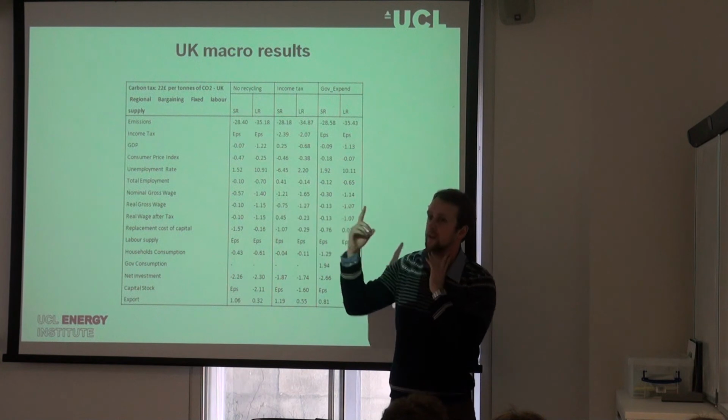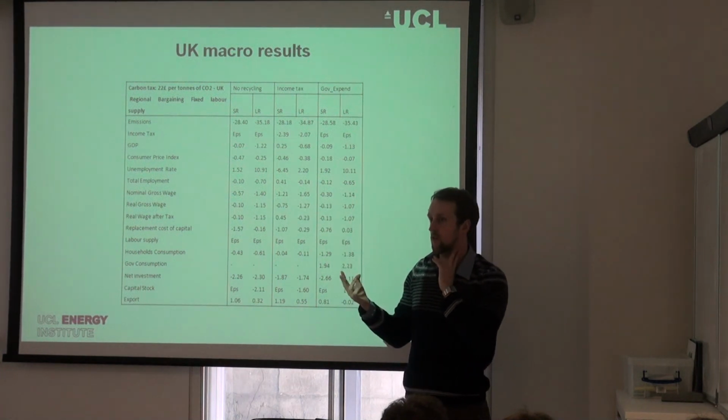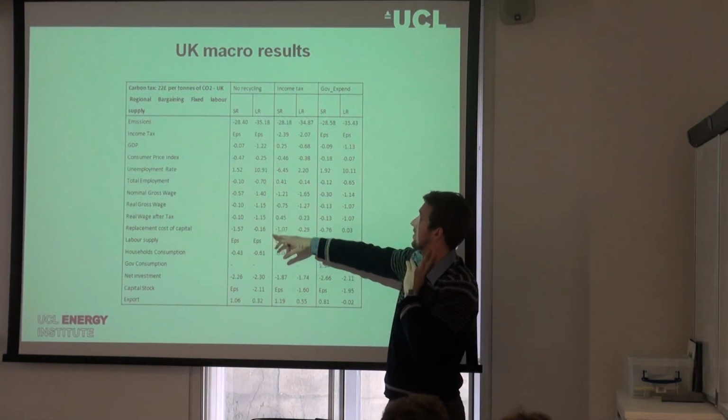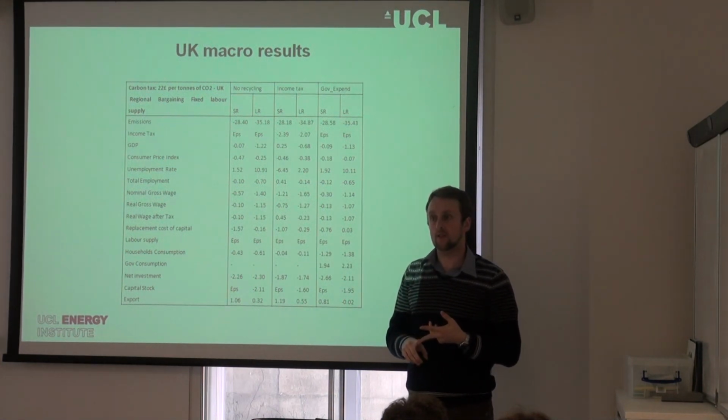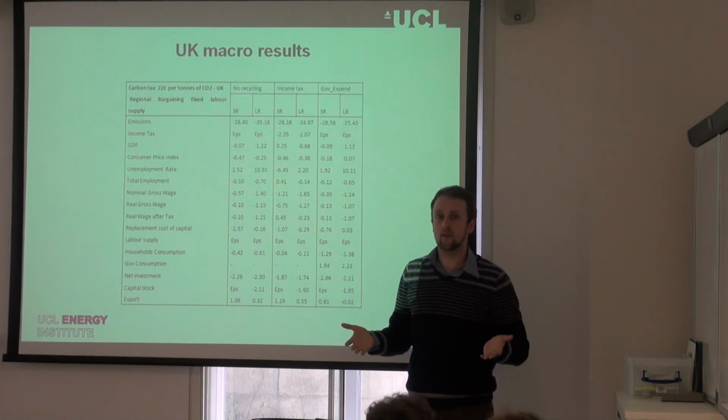The short run is after 1 year. The long run I'm giving as 2020, because that was the year we were concerned with achieving the reduction in emissions. The model ran further than that.